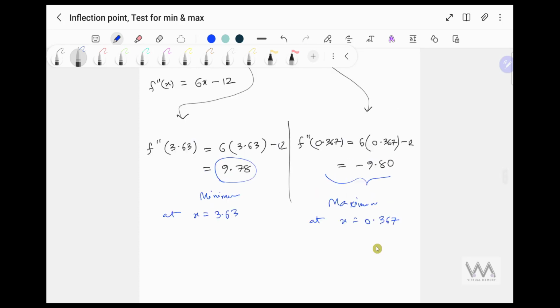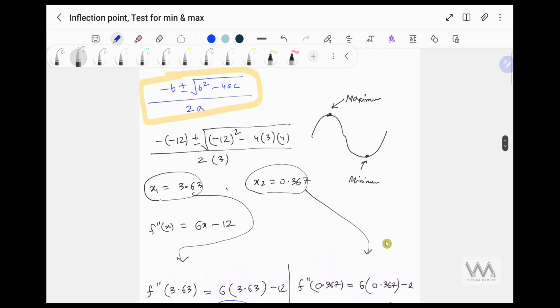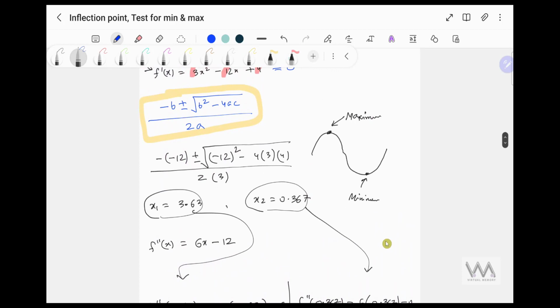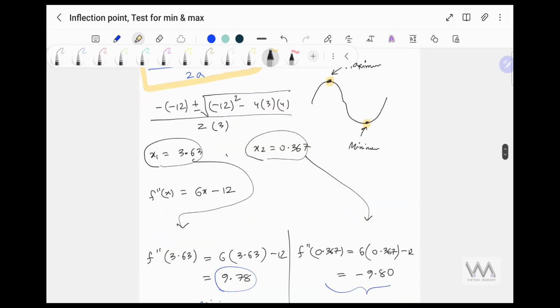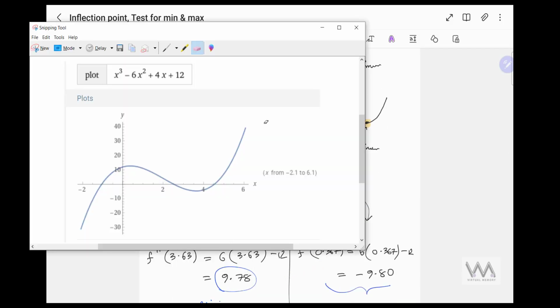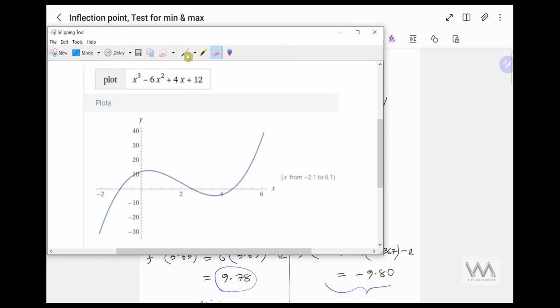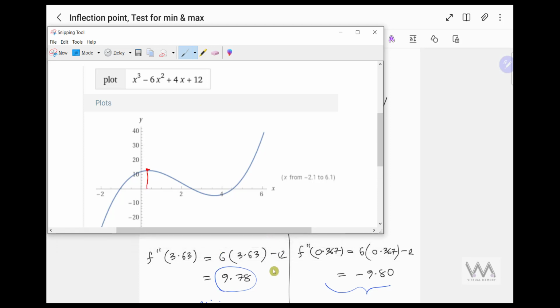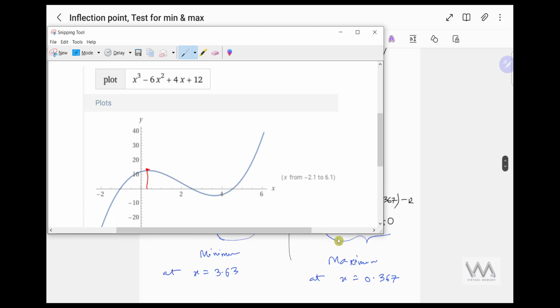As we discussed earlier, maximum is this point right here, minimum is this point. If we look at the curve for this equation, if we plot the curve, we see that here's a maximum point right here, and this is at x equal 0.3, like we found.